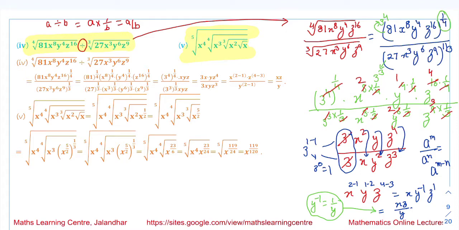How we start this question is, we start solving from the innermost radical sign, and we can write it like the fifth root of x raised to the power 4, then the fourth root of x raised to the power 3, then the cube root of x raised to the power 2, and the last term we now have is x raised to the power 1 by 2.